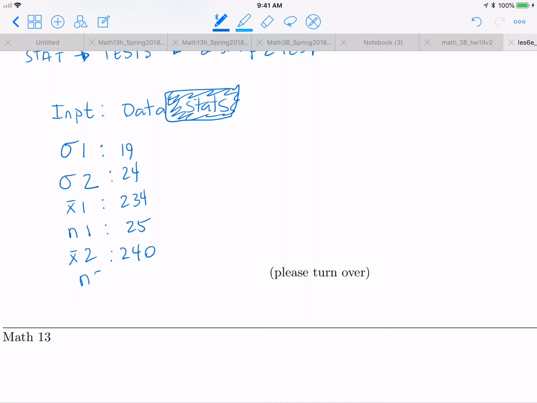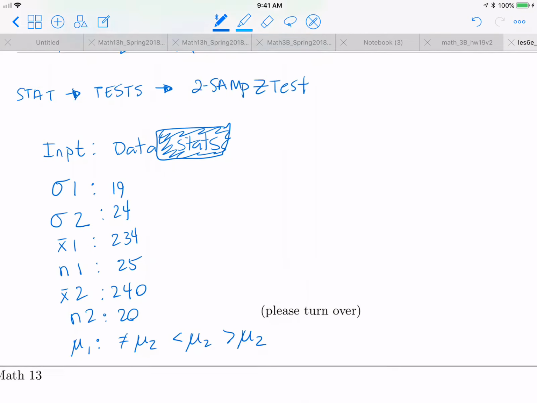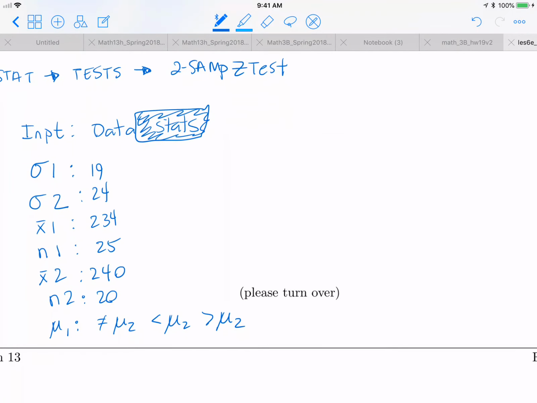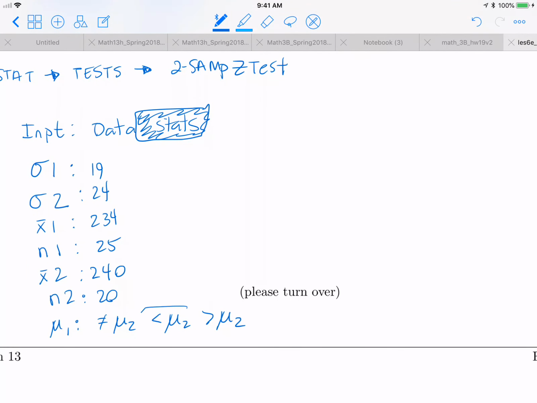N2, 20. And now it says mu 1. Now do we want not equal to mu 2, less than mu 2, or greater than mu 2? We want mu 1 is less than mu 2. So let's select the less than mu 2. Okay. And then you're going to hit your down button, and then we're going to go to calculate. Hit enter.